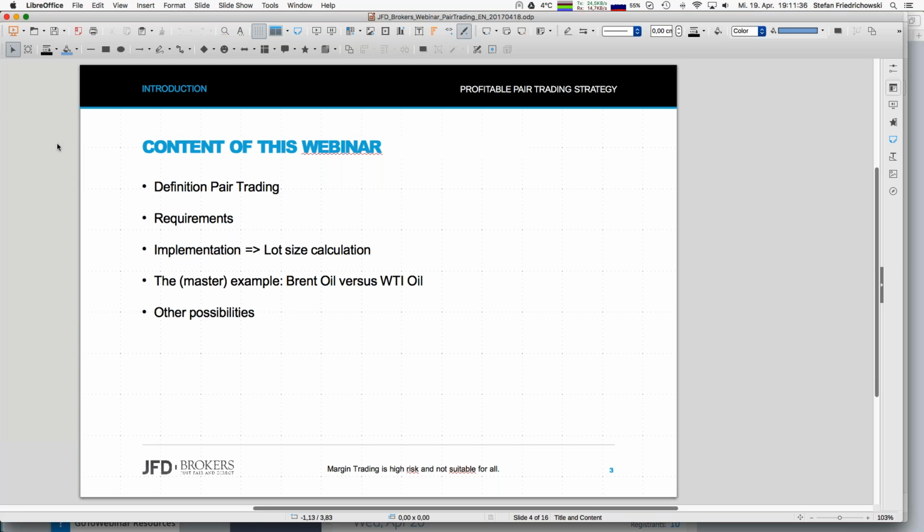The story behind that pair Brent versus WTI is a strong story because those two kinds of markets are really highly correlated, and not only in a mathematical sense, they are physically correlated. And that makes that kind of story that strong. Nevertheless, there are other possibilities to find other pairs you can trade, and I will mention those as well.